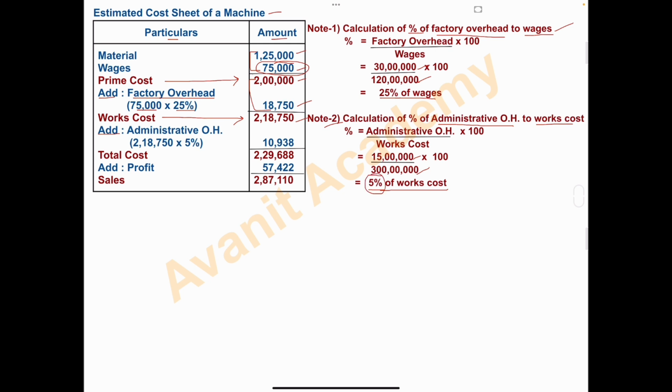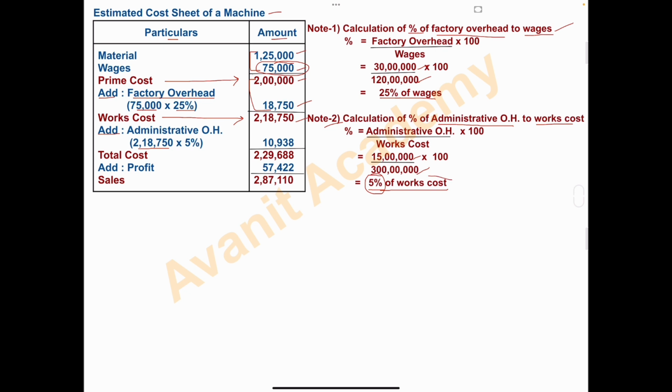Right here, add administrative overhead. So, in this estimated cost sheet, works cost amount is 2,18,750. How much administrative overhead should we charge? 5% of works cost.